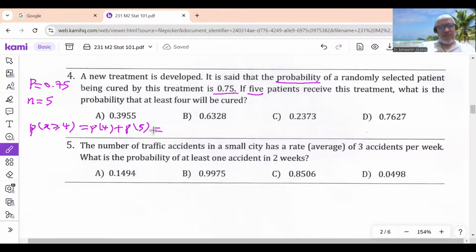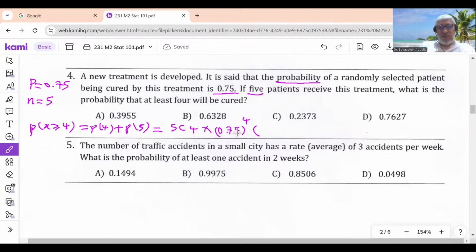Well, you can write the probability of 4. The formula is nCx. So n here is 5, so it's 5C4. This is the probability of 4, times p, which is 0.75, to the power x, which is 4, times q, which is 1 minus 0.75.